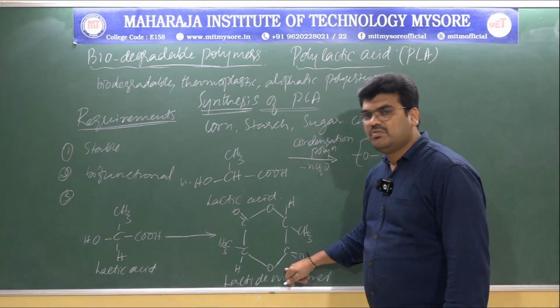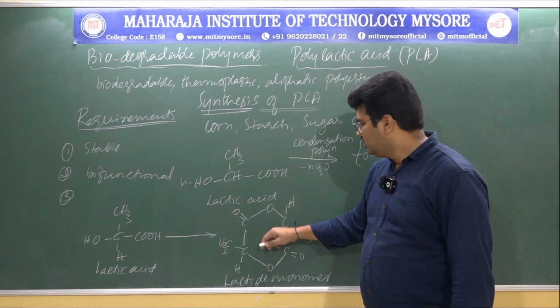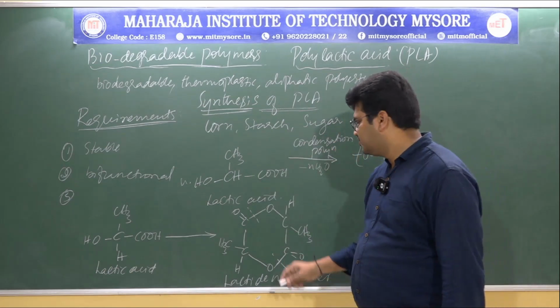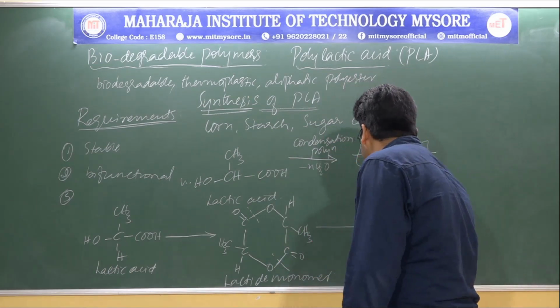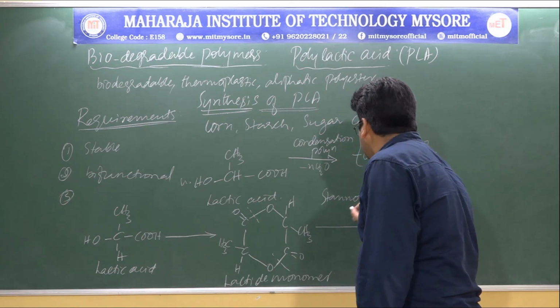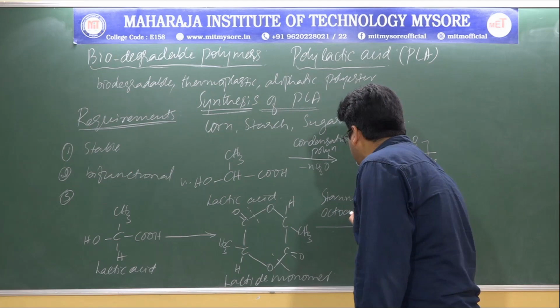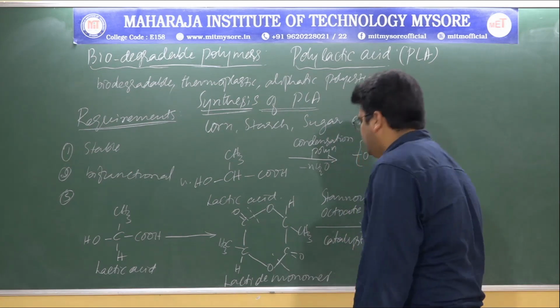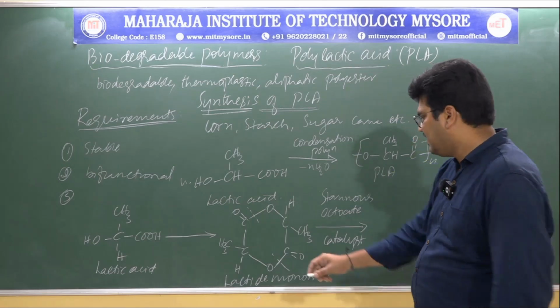So this lactide monomer now undergoes ring opening polymerization in the presence of stannous octanoate as a catalyst, right? So we are going to get polylactic acid.